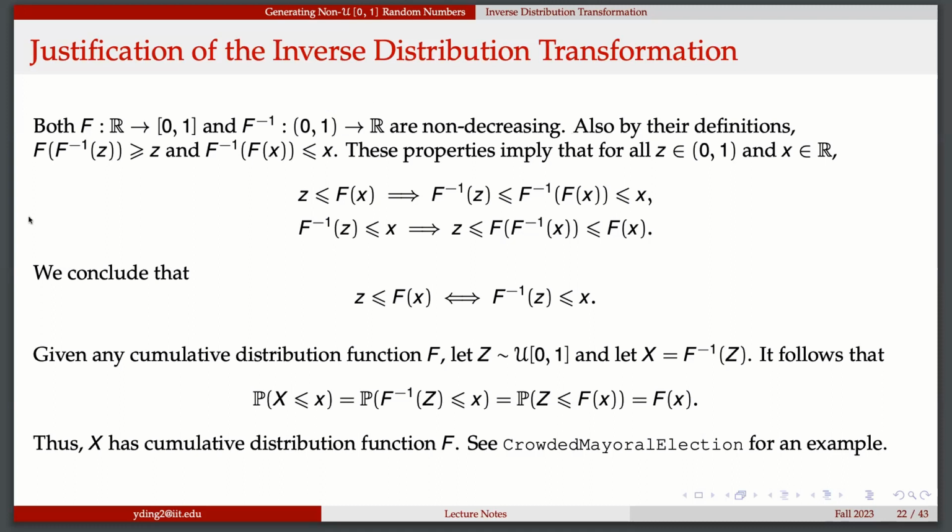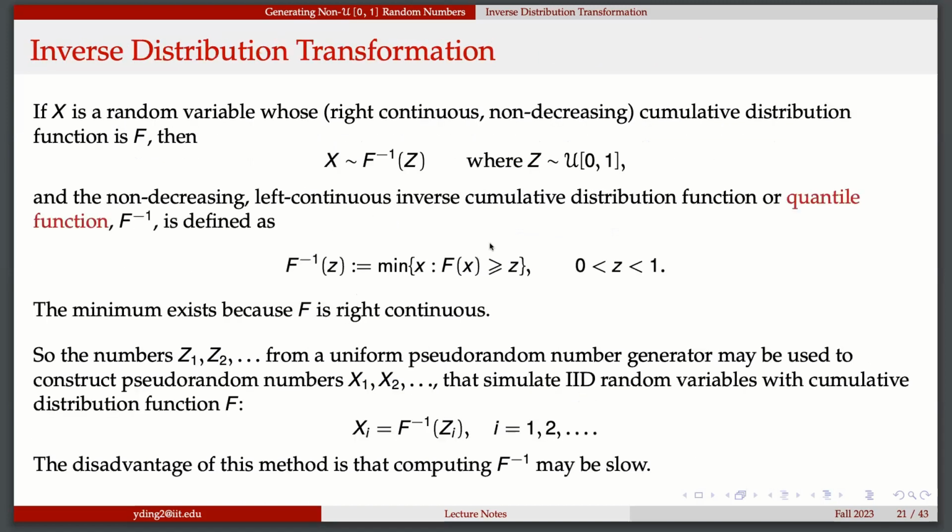Then the definition: of course, this is the cumulative distribution function's definition we have, and similar here. These properties tell us how we can do it. If Z is from 0 to 1 and X comes from all the real numbers, then Z less than or equal to F of X is the definition we have here.